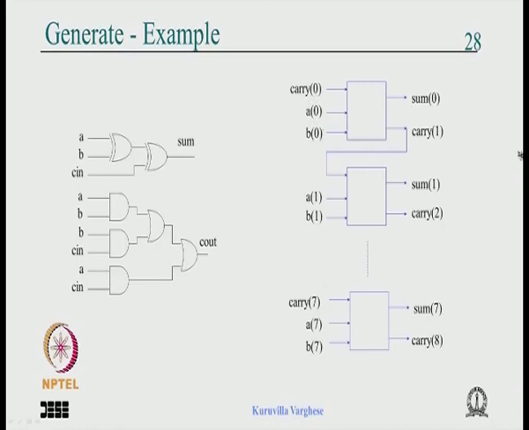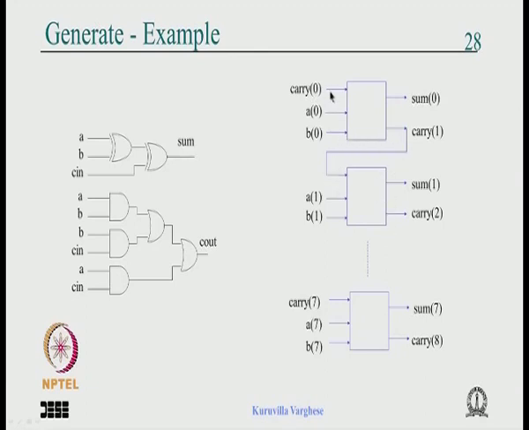These are the inputs, and the outputs are the sum 7 down to 0. If you want, you can include this carry as part of the sum. You can say sum 8 down to 0, it does not matter how you define it. And we need an internal signal, maybe I missed this in the last class.